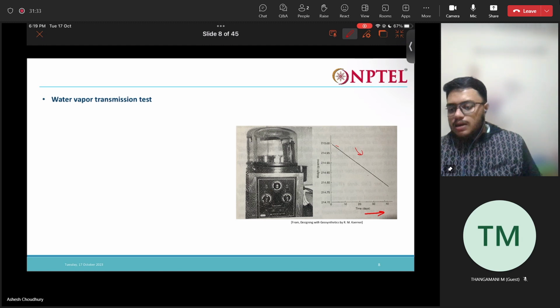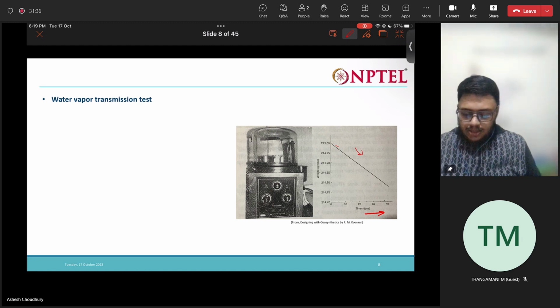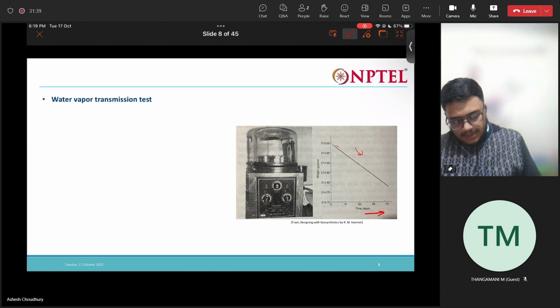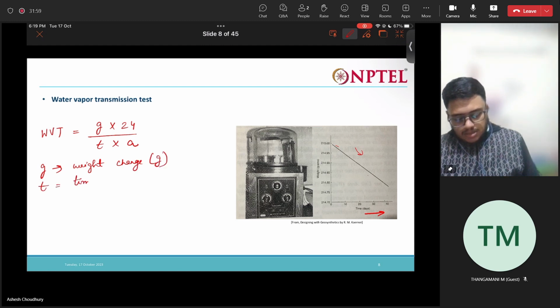So how is the water vapor transmission represented? Water vapor transmission is given by G into 24 by t into A. G is the weight change, t is the time interval in hours, and A is the area of the specimen in meter square.